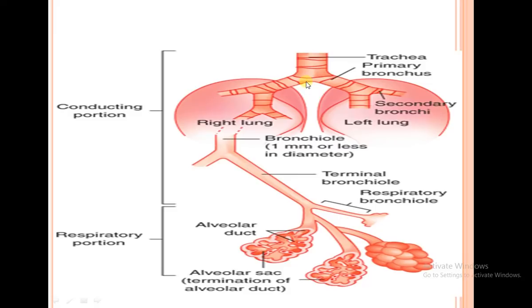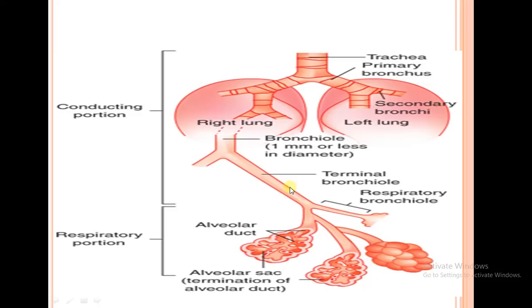Another very important thing is that as the trachea divides into the bronchi, and then the bronchi divide into small branches, the amount of cartilage in the walls of the airways decreases, so that when the stage of terminal bronchioles is reached, there is no cartilage present in the walls of the airways.